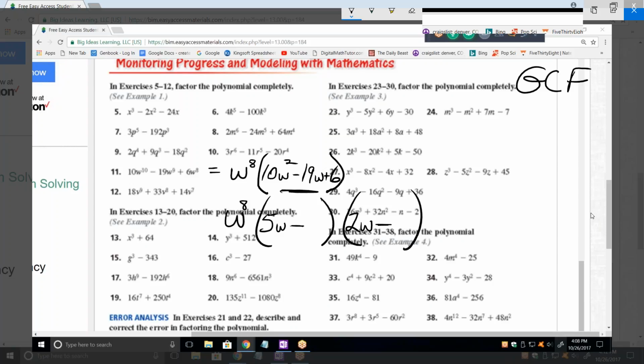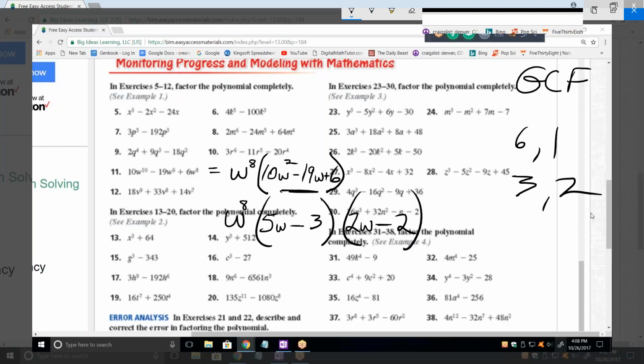Now we got factors of 6. Let's list all of the factors of 6 right there. Which two should we start with? 3 and 2. Okay. Let's try 3 and 2, just arbitrarily.